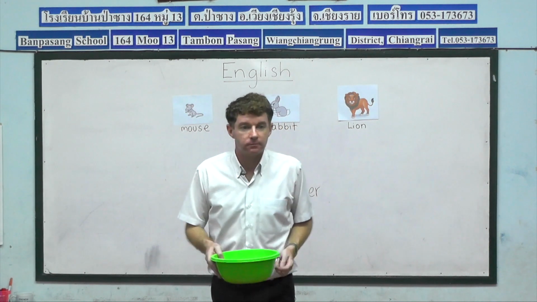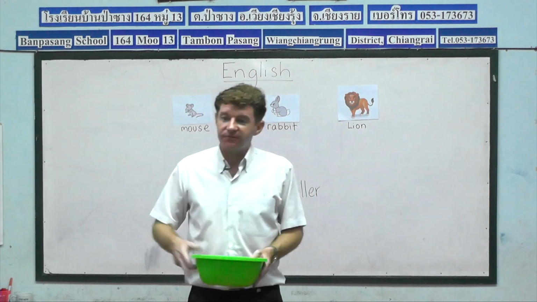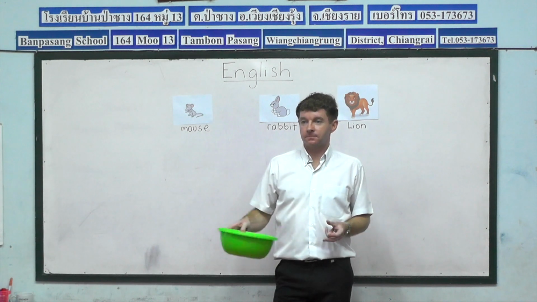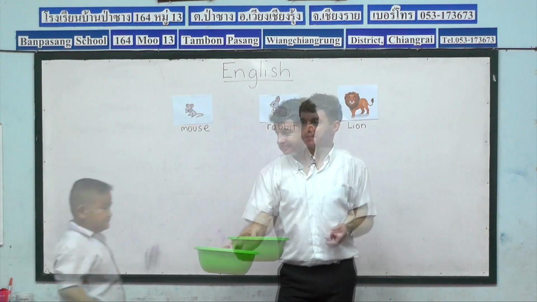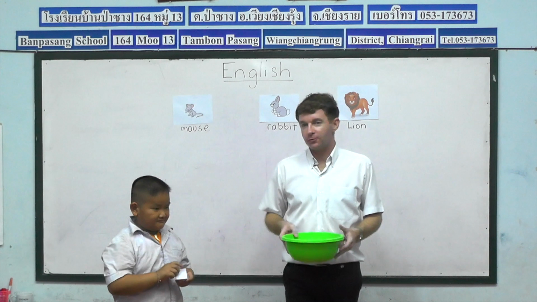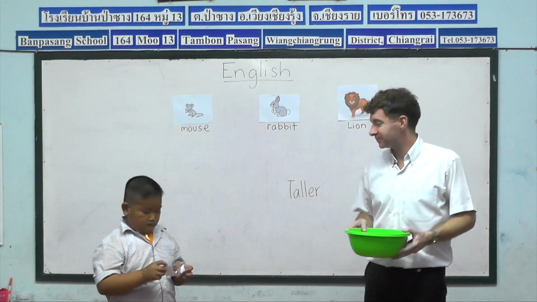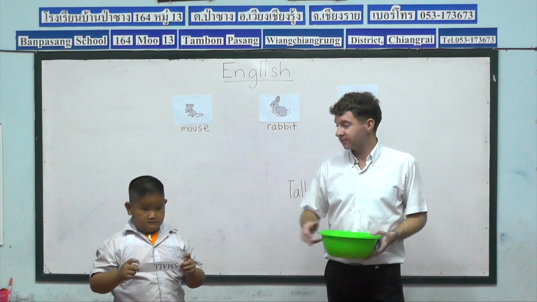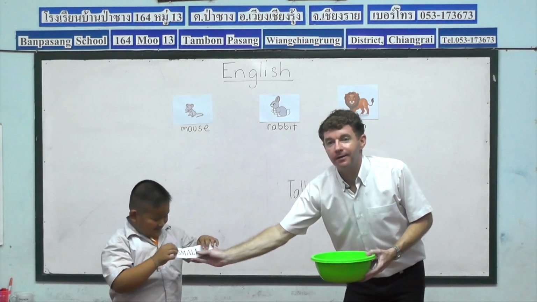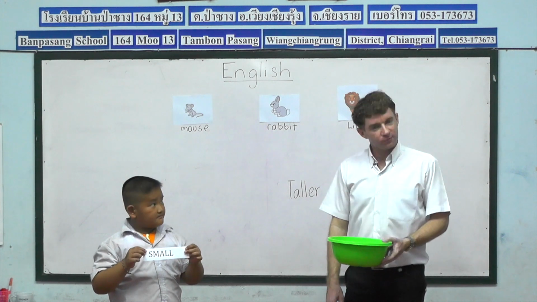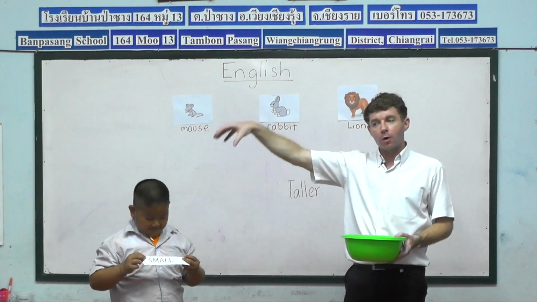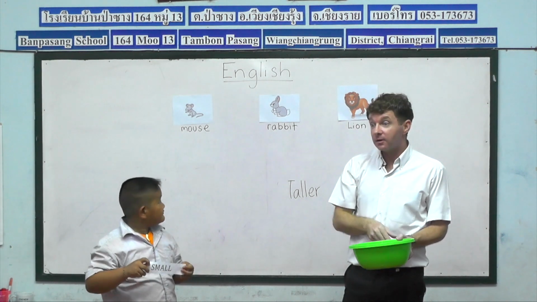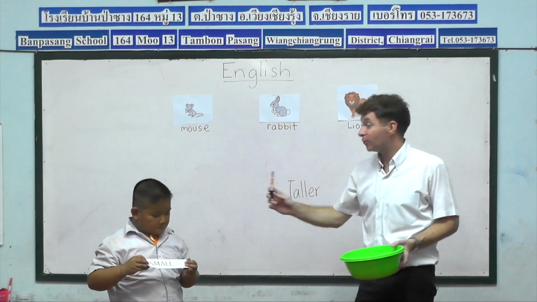Okay, so now, let's see. Net, come and join me at the front. Now you can choose a word. Okay, so choose the word, open it, and show your friends. Okay, so now we have the word small. Okay, so how do we go from small to smaller? It's the same rule as for tall.